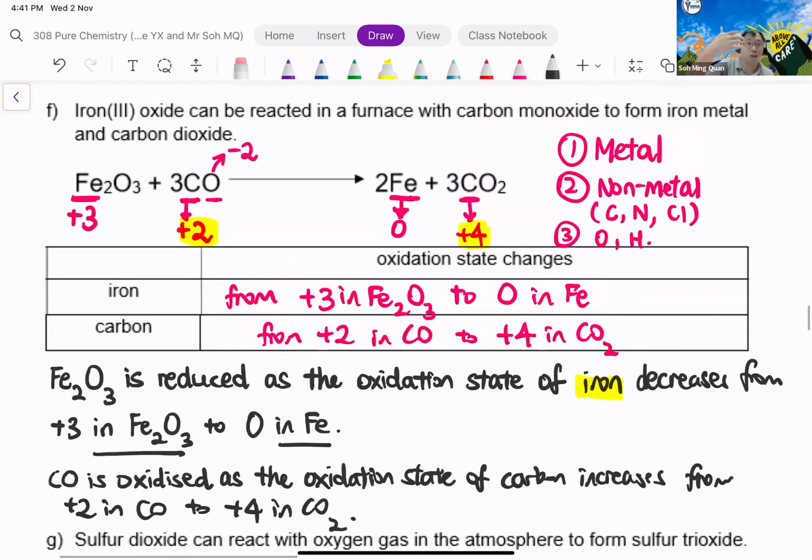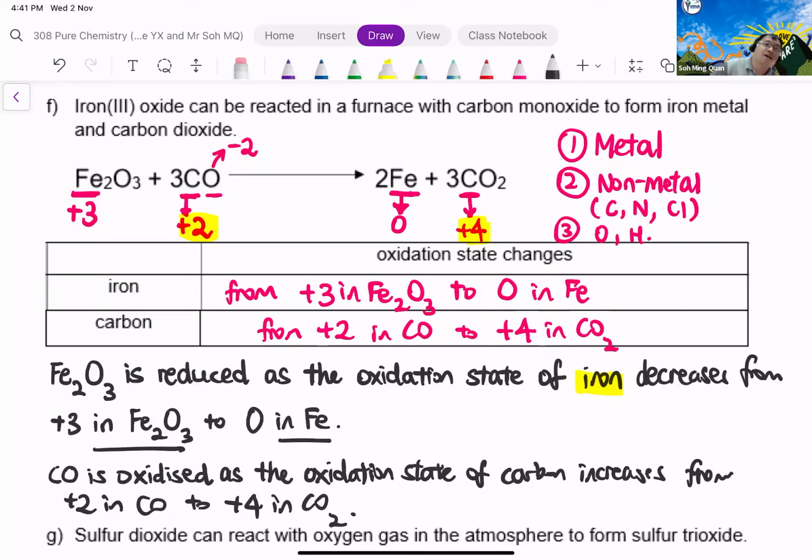How do you work out oxidation states? Then how do you use that in your answer in this format to work out what's oxidized, what's reduced? And recall, whenever you want to count oxidation states, make sure you start with the metal first. Then you do the non-metals like carbon, nitrogen, chlorine, fluorine. The last priority is always oxygen and hydrogen.